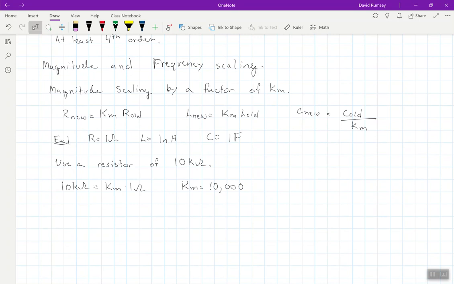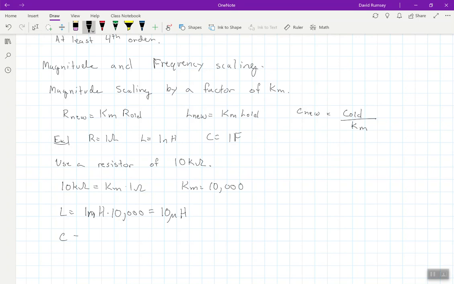From that, the new value of the inductor would be 1 nanohenry times 10,000, which gets us 10 microhenries.